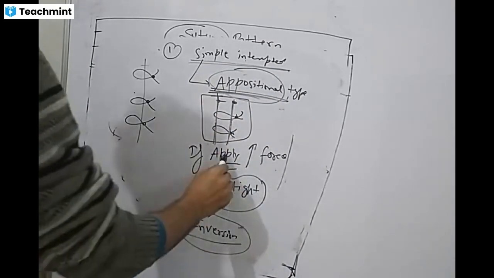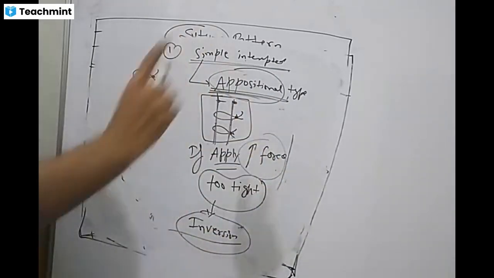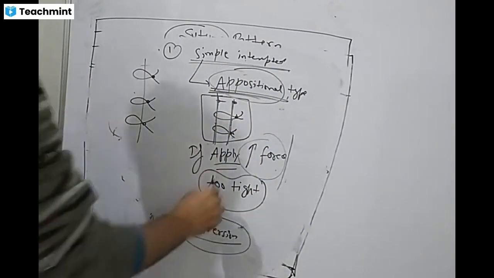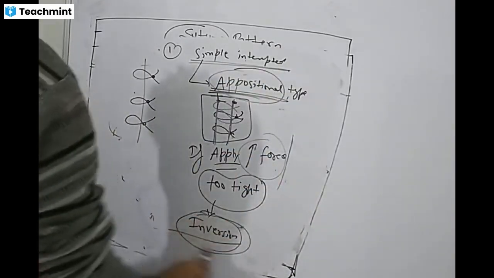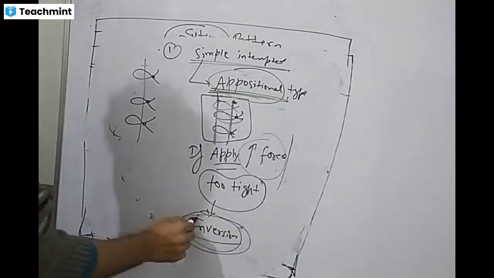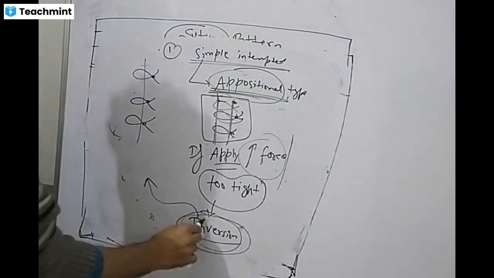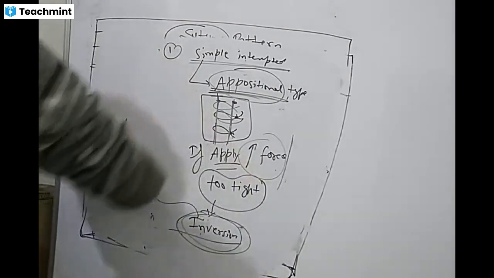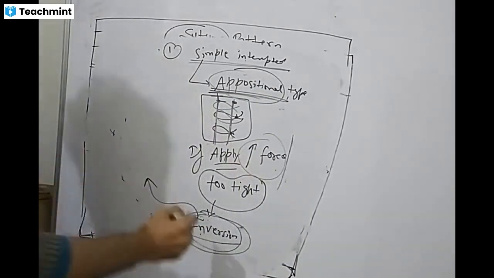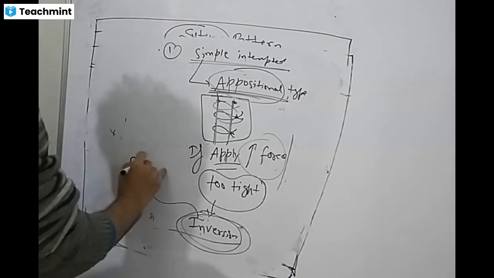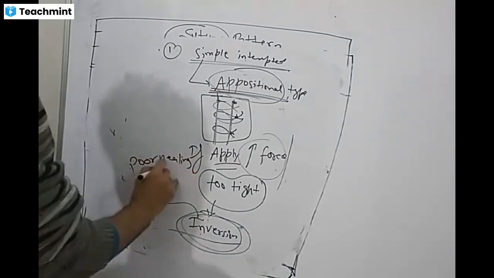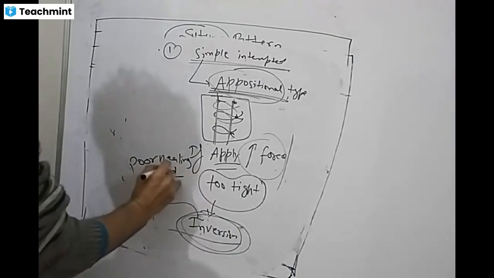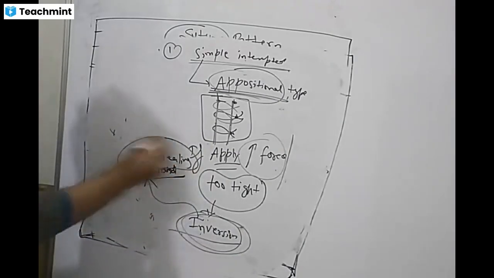But if you apply more tension and tie these sutures more tightly, then inversion will occur. Because of this inversion, it results in poor healing of the wound.